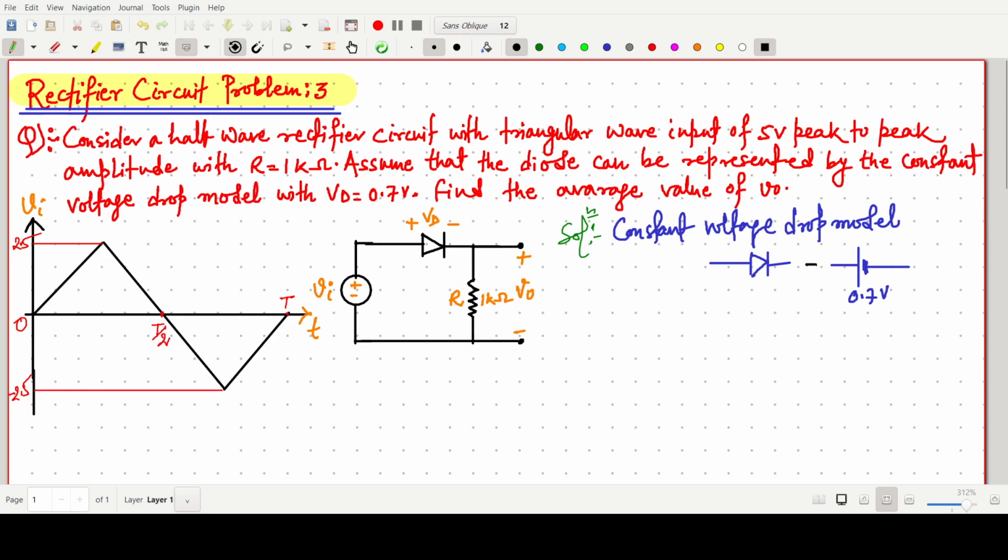The anode is connected to the supply, so the diode will conduct when Vi is greater than 0.